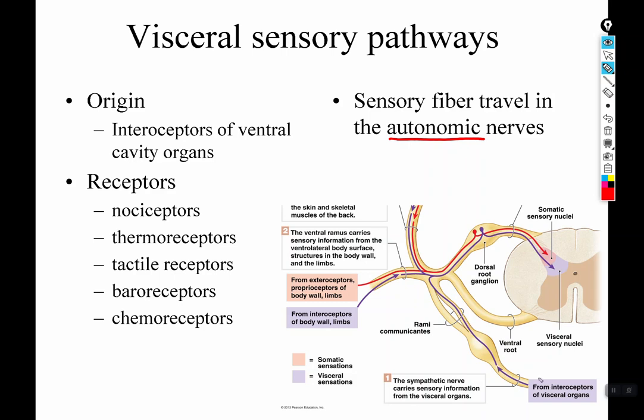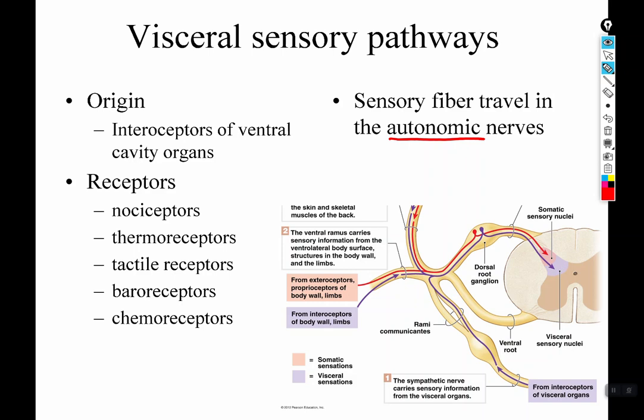the interoceptors travel, oh look, through the rami communicantes. Remember that? And in your model, these were encased in the same epineurial sheath, so you couldn't see the difference, but now you can. So it's going to cross through the rami communicantes and up into the dorsal gray horn of the spinal cord via the dorsal root and ganglion, and it's going to arrive at the lower portion of the dorsal gray horn.